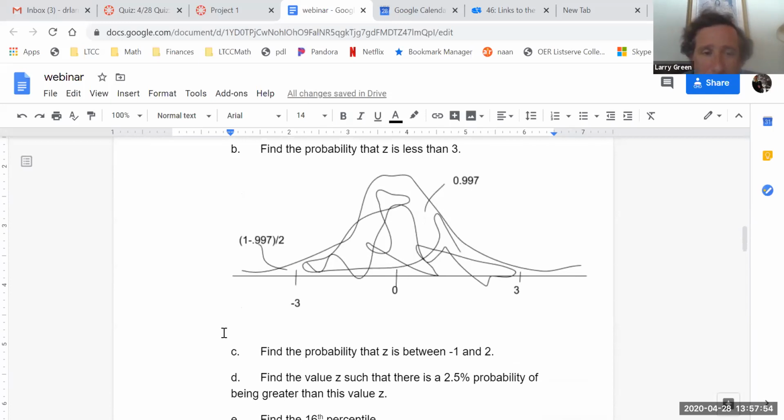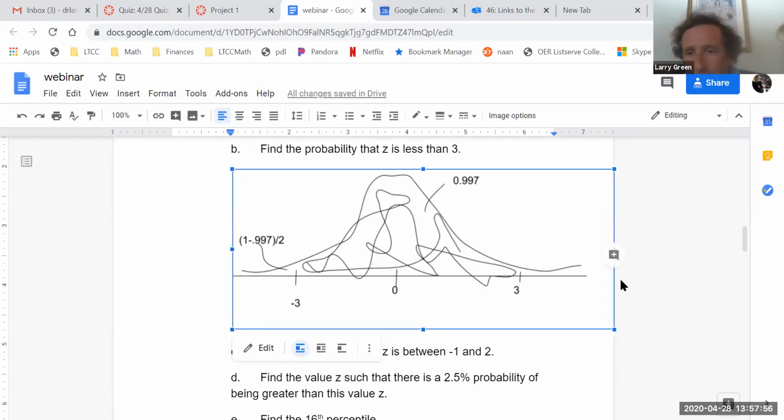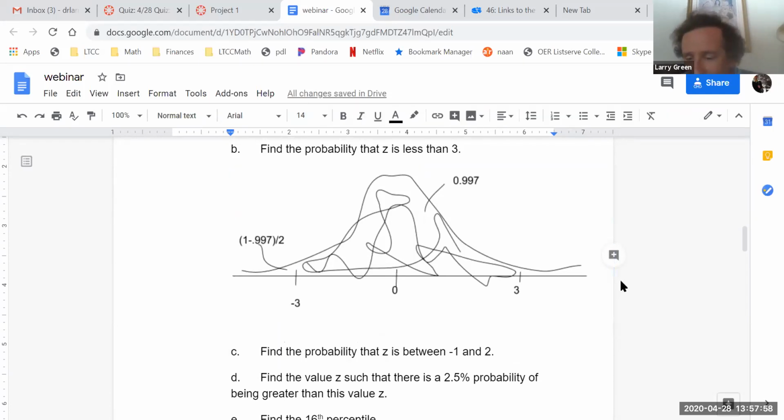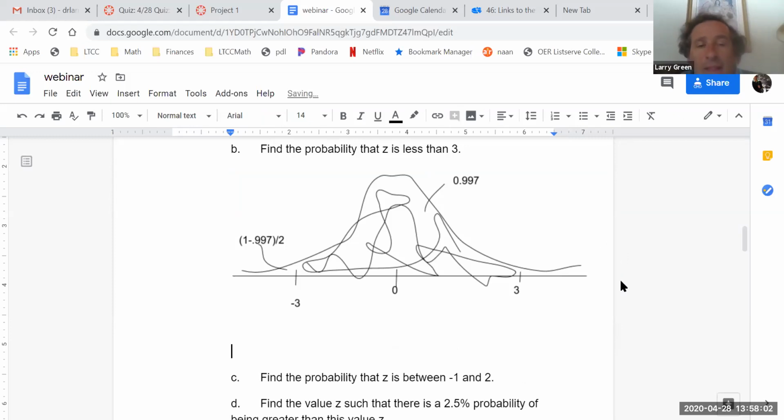So now we're ready to answer the question. If we want all the area to the left of 3, what do we do to those two numbers? Yeah, we add them up.